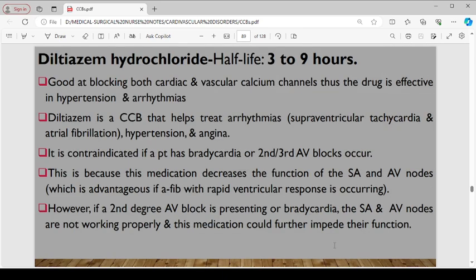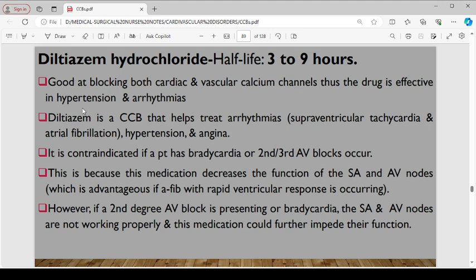All right. The second drug example under the non-dihydropyridines is diltiazem hydrochloride, with a half-life of about 3 to 9 hours. This drug is equally good at blocking both cardiac and vascular calcium channels. Thus, the drug is effective in treatment of hypertension and also arrhythmias.